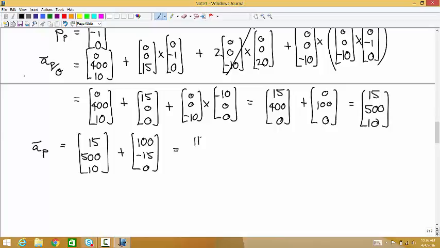And so we get 115, 485, 10 meters per second squared. And that matches what we got with the other coordinate system.